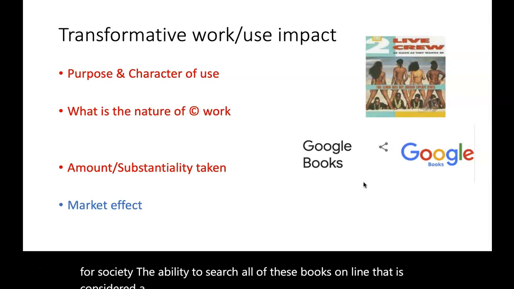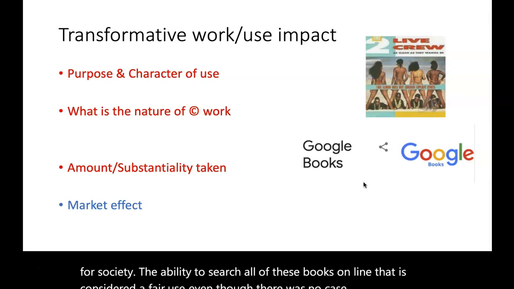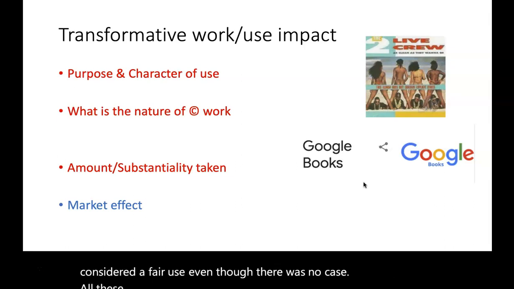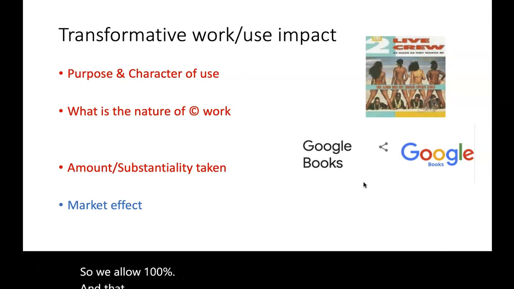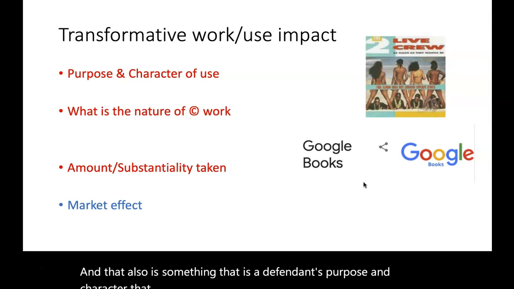Even though there was no case, all these factors support that as fair use. So it's a transformative use, so we allow 100%. And that also is something that is a defendant's purpose and character that favors transformative use. So hopefully that helps provide an example of how you apply these factors.